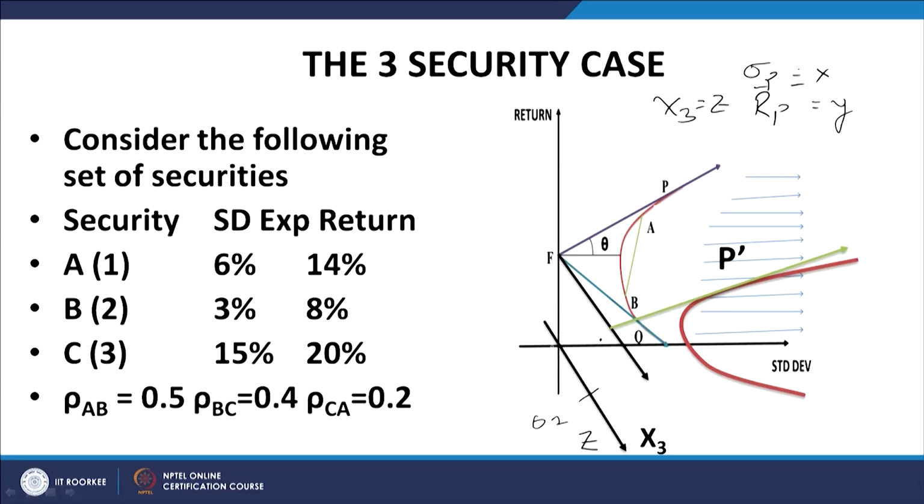Let me briefly reiterate what I am saying. You pick out a value of x3 and you plot the set of values of x and y, that is sigma p and rp, and you get a hyperbola. In other words, you have a plane corresponding to the value of x3 which is parallel to the plane of this board.